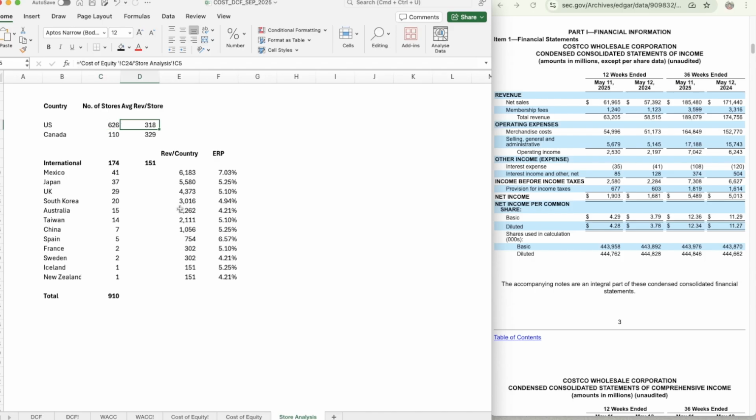There is definitely room to grow, and not just on the number of stores, but in the US, the average revenue per store is about 318 million. Well, actually, no, this is up to the 3/4. So I've made a mistake, but these are full year. So the average store is about 320 million a year in the US. For the rest of the world, it's just over 200 million when I forecast the full year. Here, I've just forecast the 3/4.